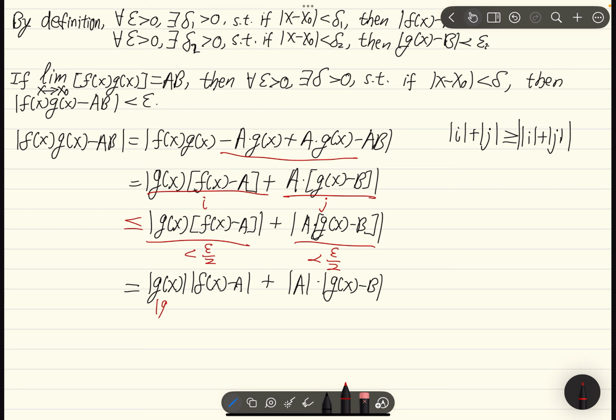By definition, because this is true, from the triangle inequality we know that the absolute value of g(x) minus the absolute value of b is less than epsilon over 2. So the absolute value of g(x) is less than epsilon over 2 plus the absolute value of b.